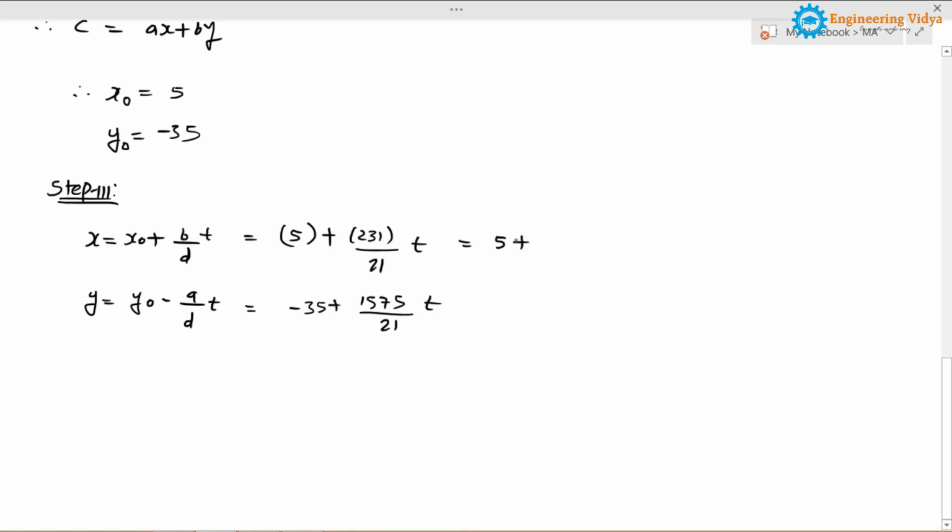So here it will be 5 plus 231 divided by 21, which is 11. So 11 will come, 11 into t. And minus 35, minus, because in the formula minus is there, right? This is not a plus sign.